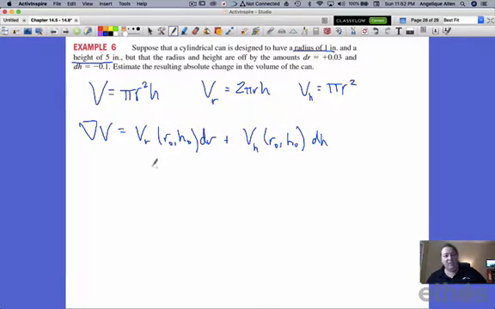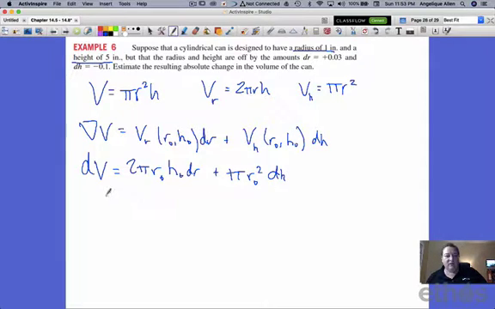So here's what we've got. Our total differential, which is what we're after, is going to be 2 pi r naught h naught dr and pi r naught squared times dh.